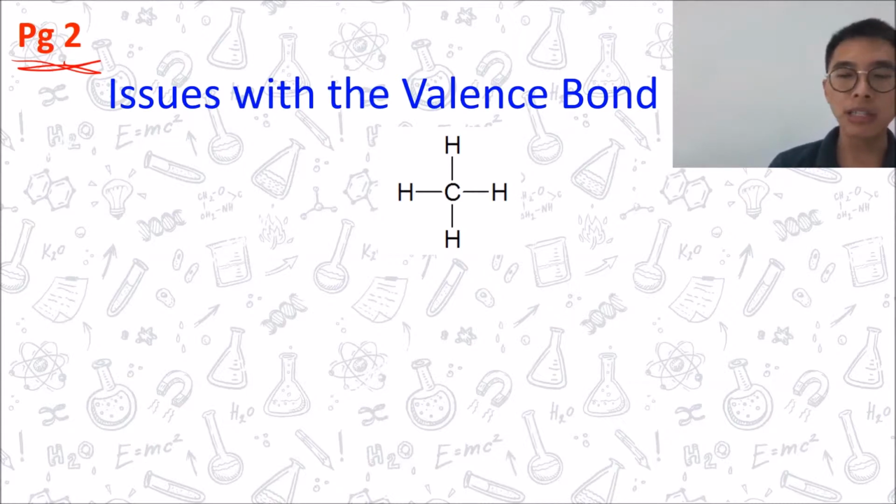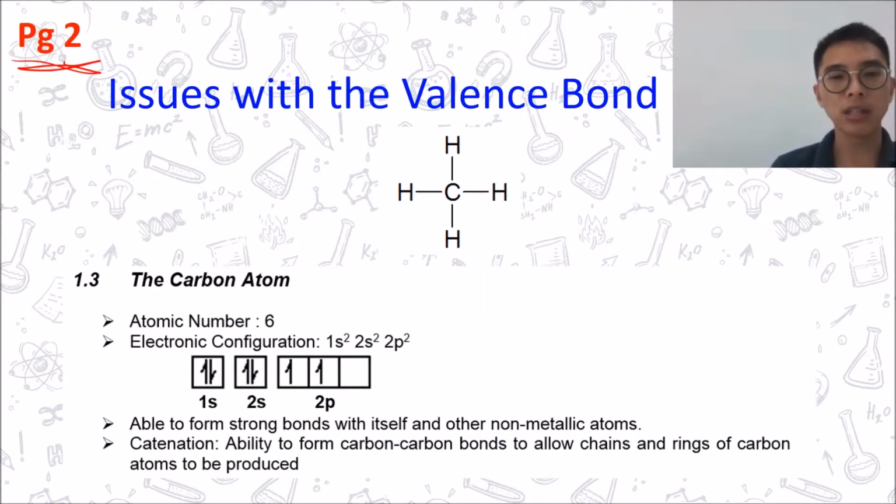To form a CH4 molecule, my carbon needs to form 4 bonds. We know that our carbon atom has this electronic configuration: 1s2, 2s2, 2p2. Previously we have also examined what it means to be a covalent bond. You saw that the orbitals need to have unpaired electrons in order to form a covalent bond.